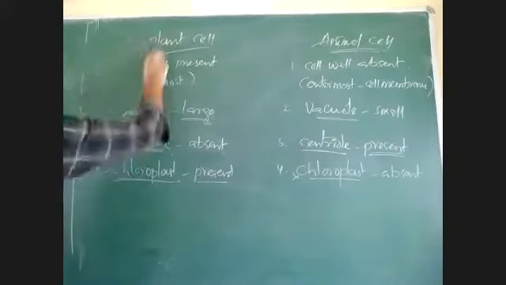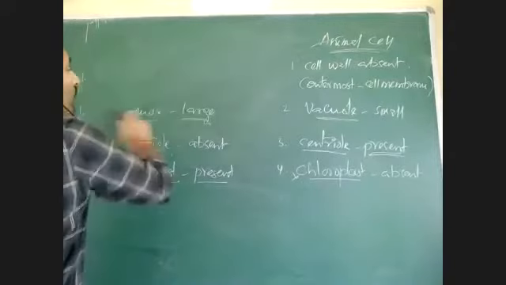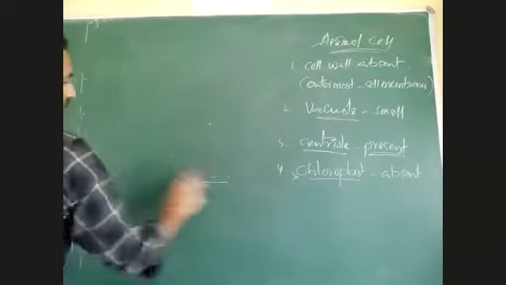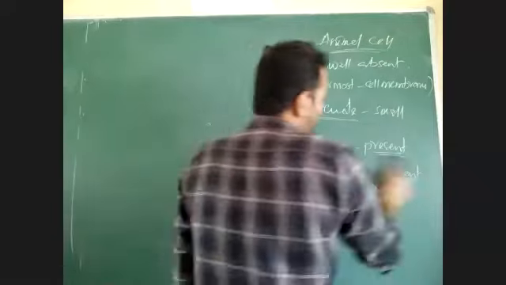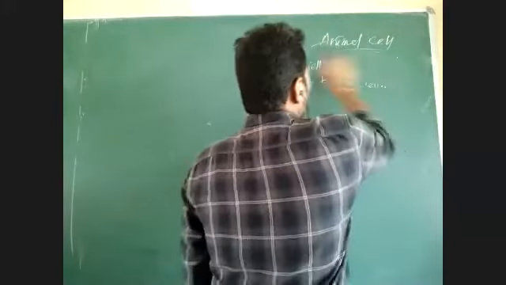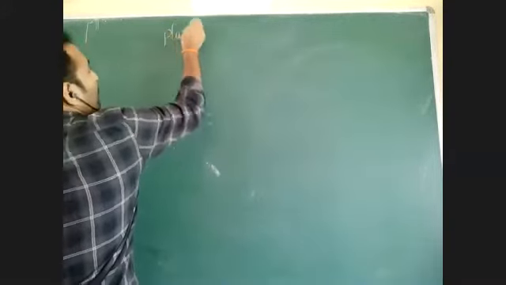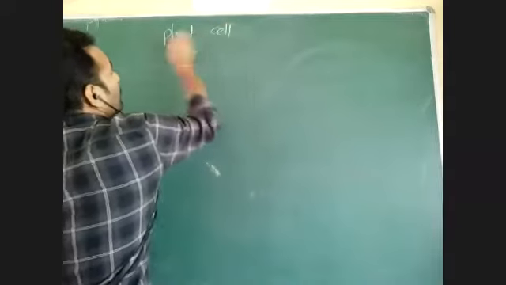Then see a flow diagram or flow chart that mentions the different parts of the cell. If we take a plant cell, the main plant cell is divided into two parts.